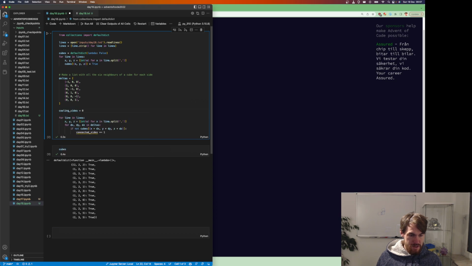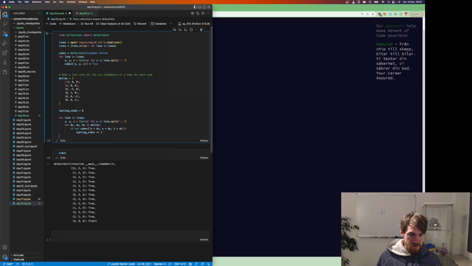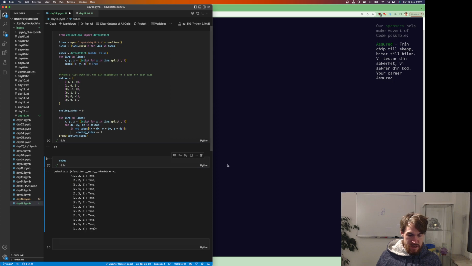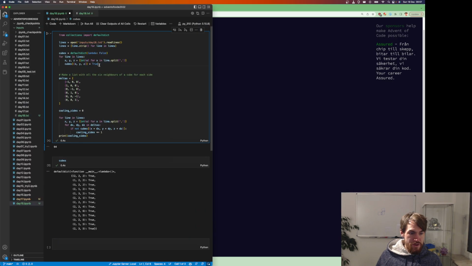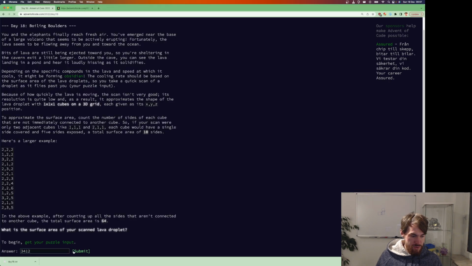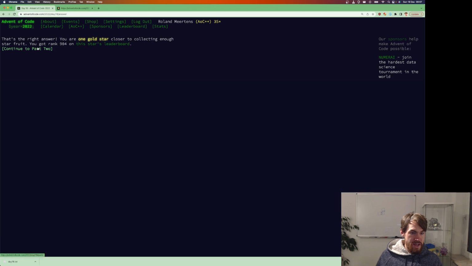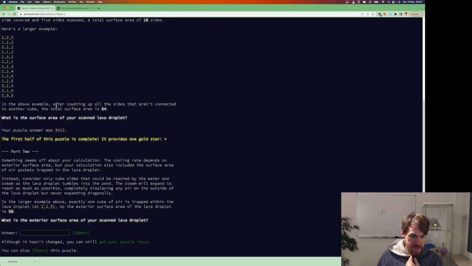Cooling sites. Print the cooling side 64, and then we do this for our input. All right, 904 on this today's leaderboard.